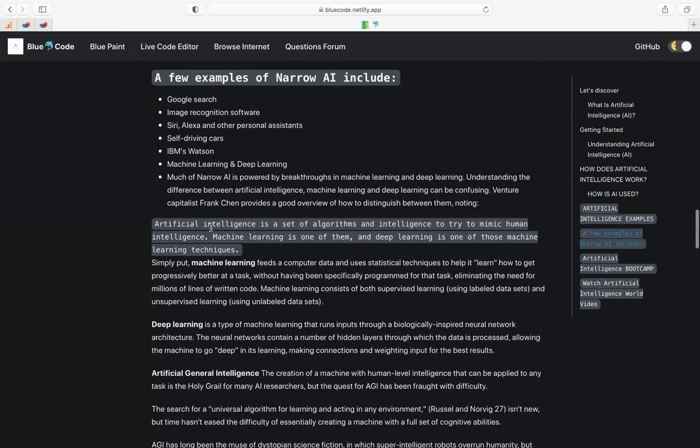Now, what is artificial intelligence? Before we look at artificial intelligence, what is an algorithm? An algorithm is a step-by-step way of solving a problem. So artificial intelligence is a set of algorithms and intelligence to try to mimic human intelligence.